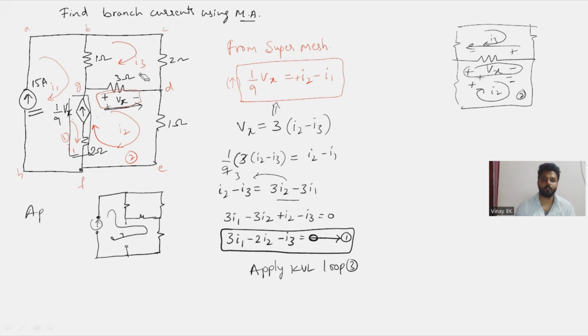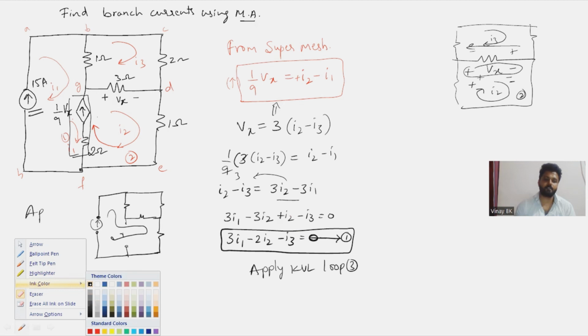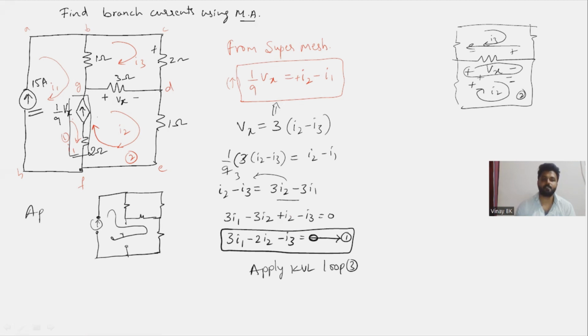Before that, mark the polarities, then write the equations. You can see the current is flowing in clockwise direction, so plus minus plus minus plus and minus based on the direction of current. I'm marking the second polarity. You can also mark the first polarity.